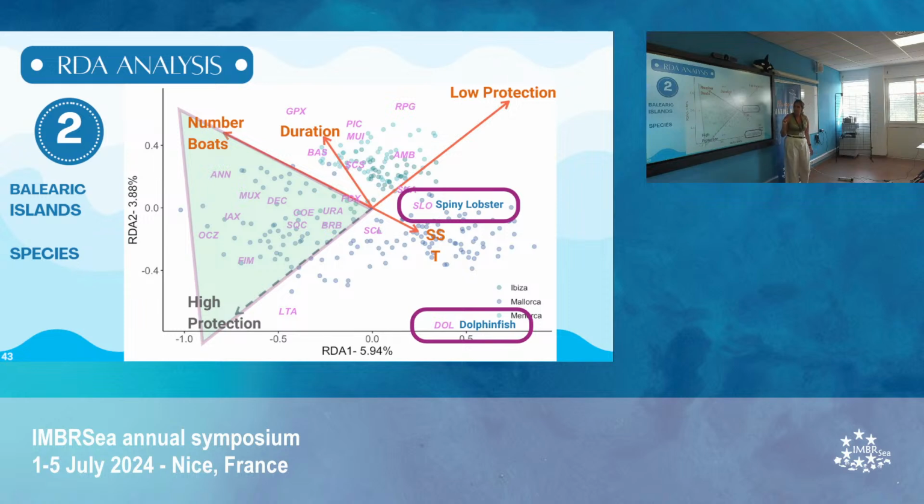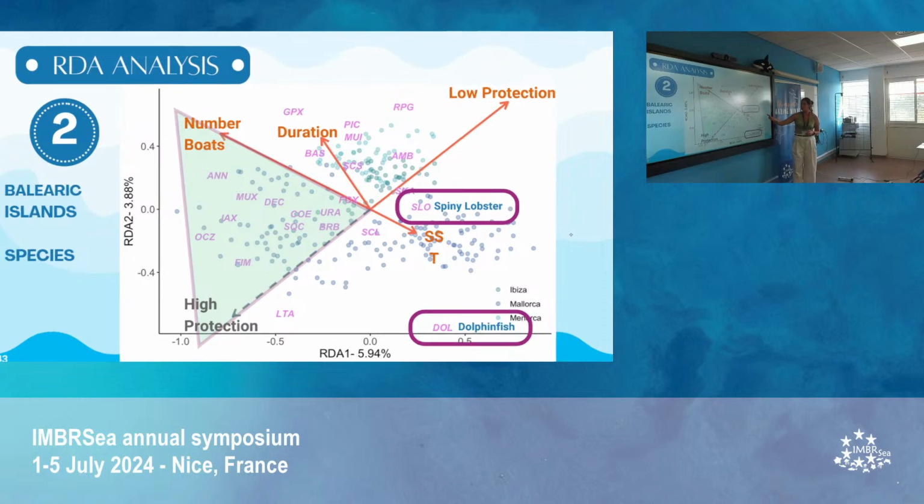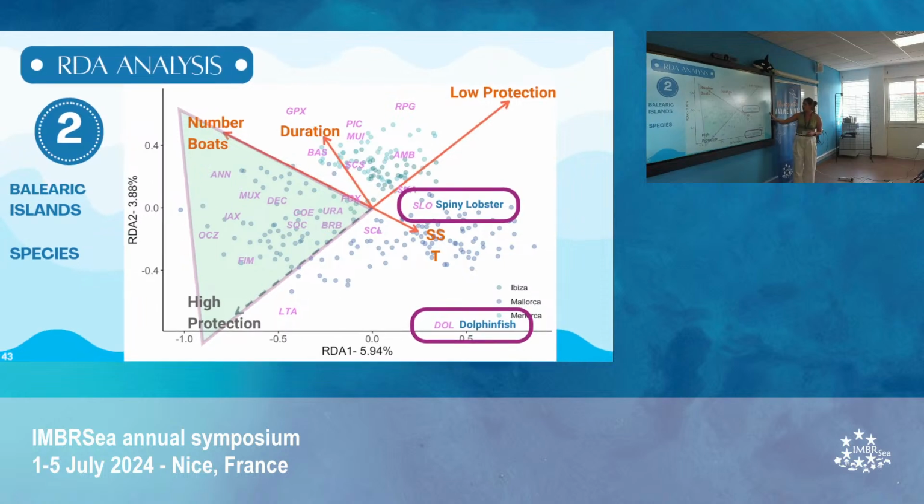The biodiversity fell between number of boats and high protection, so this indicates that a majority of species fall within this protection, and it also highlights that the MPAs in the Balearic Islands are focused on promoting the biodiversity in the region. And lastly, I wanted to point out that the duration of MPAs is positively influencing long-lived species like the grouper.